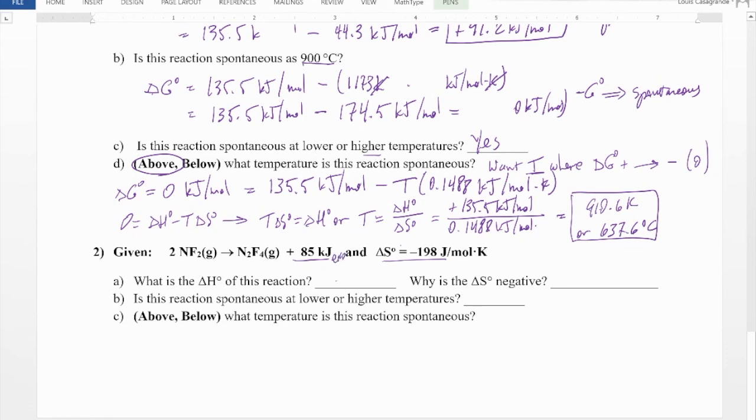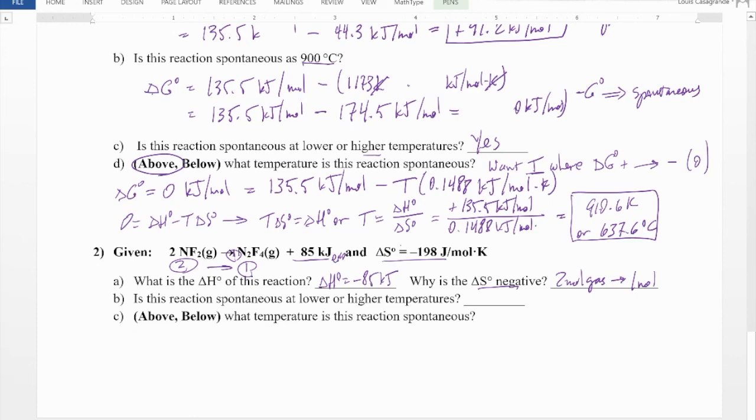We know it's exothermic because it's a product, and so the delta H naught is negative 85 kilojoules. And the delta S is negative. Look at what we've got here: 2 moles of gas going to 1 mole of gas. So 2 moles of gas going to 1 mole is going to be a decrease in entropy.